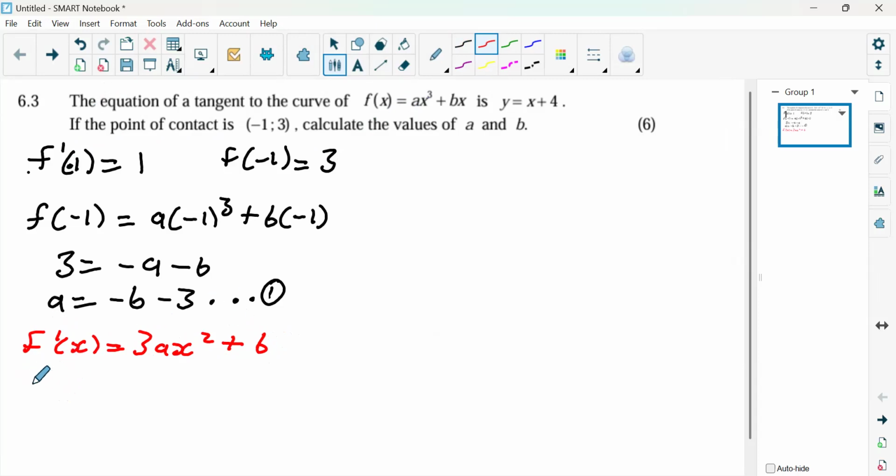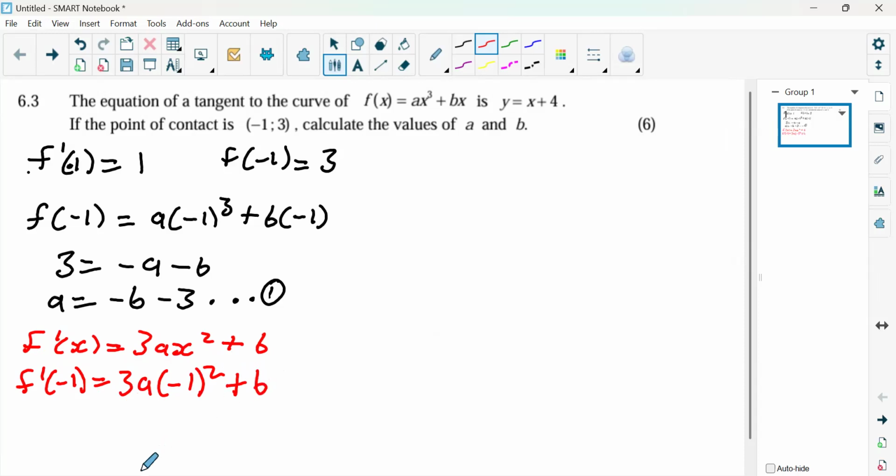Now we know what f prime of x is. So everywhere we see x, we're going to put -1. So we have f prime of -1 is equal to 3a multiplied by (-1) squared plus b.